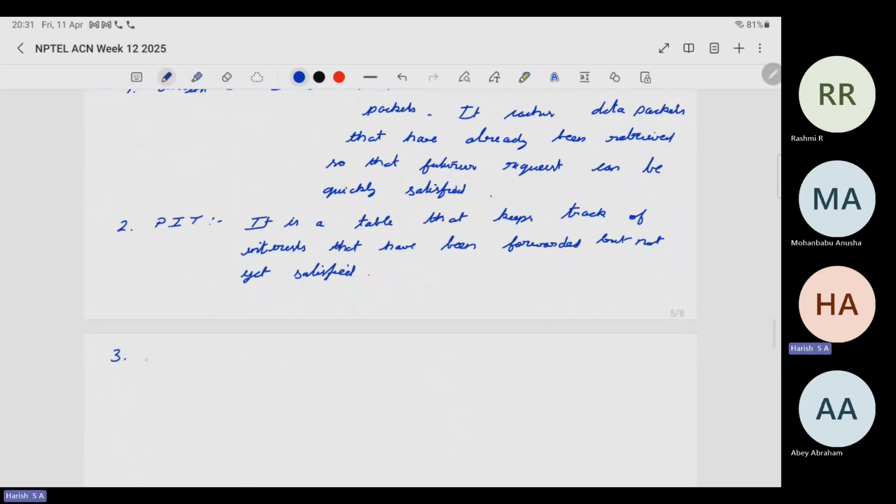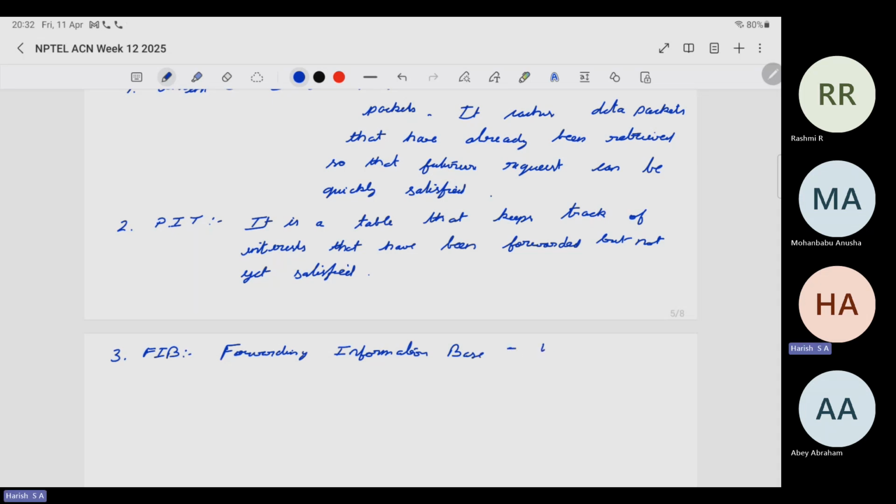And the last thing is FIB, the forwarding information base.